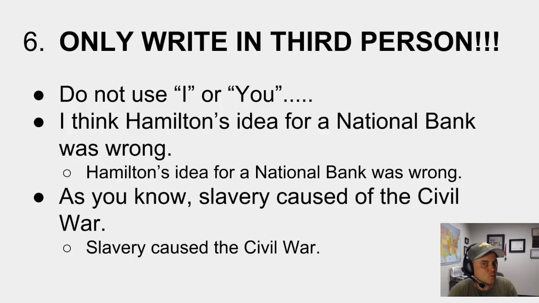There's probably more to read in this paper to pick apart, because anyone who writes in the first or second person in an academic paper is probably committing all sorts of academic crimes that need to be addressed, right? So if you write in the third person in all of your writing, people who are grading your paper like me are going to go, okay, this person knows how to write. Do follow the other tips, but this one is easy to fix, and it really demonstrates you to be a proficient writer writing in third person.